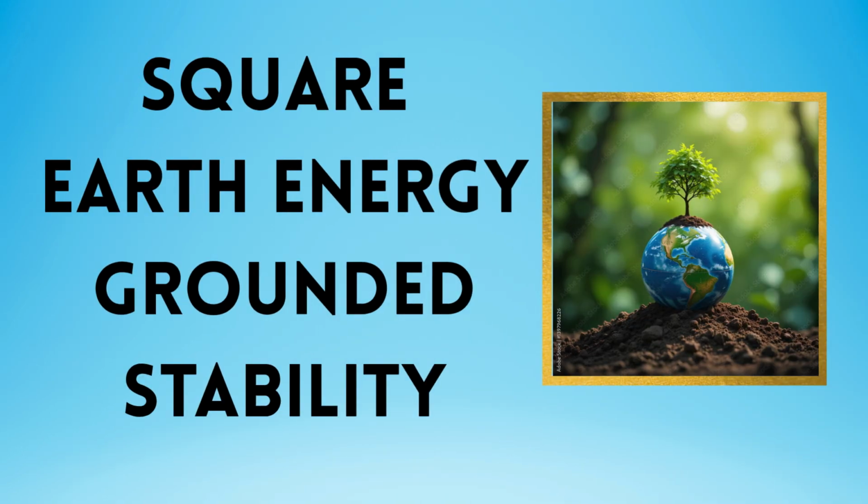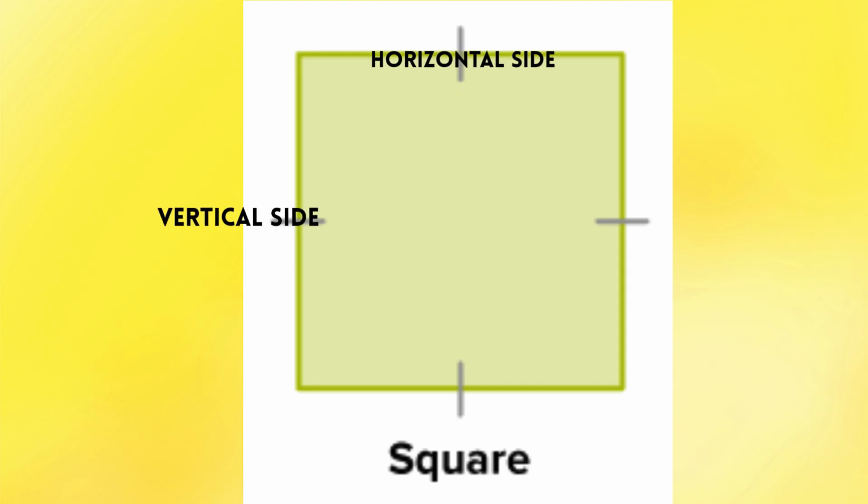Square. It provides stability, security, and grounding. The square forms the foundation of the yantra and it contains the earth energy. We know that the square is made up of four sides or four lines, two are vertical and two are horizontal. The horizontal line represents stability, inactivity, and the vertical line represents movement.